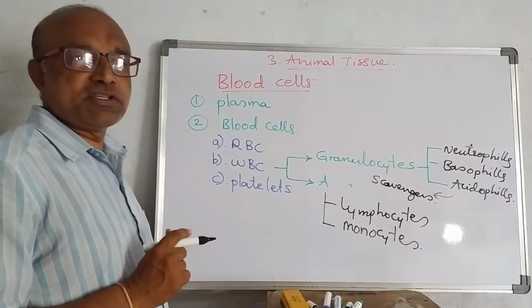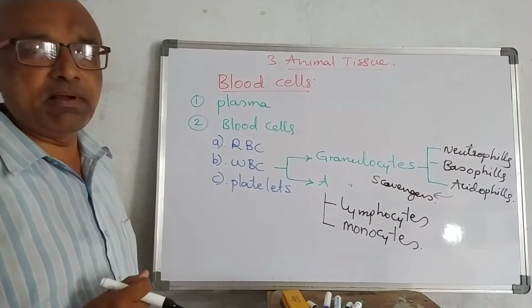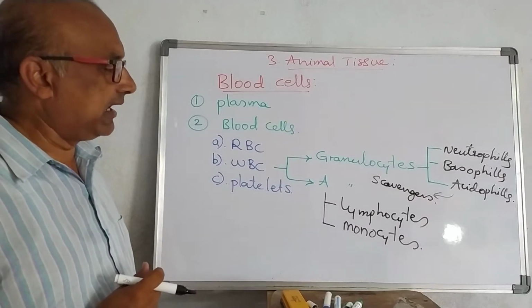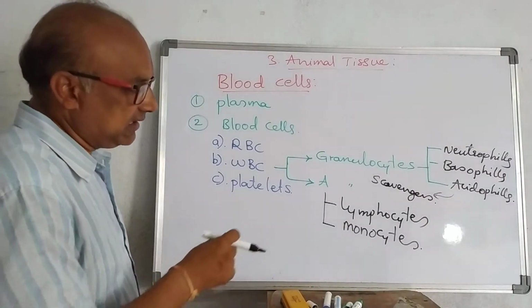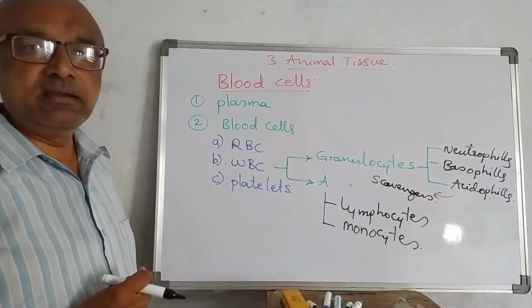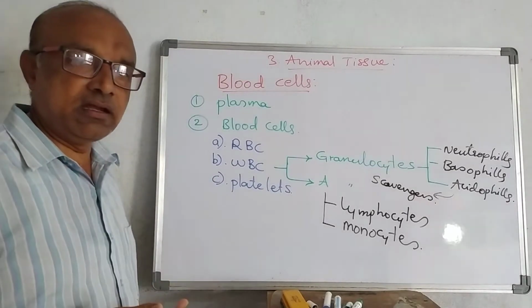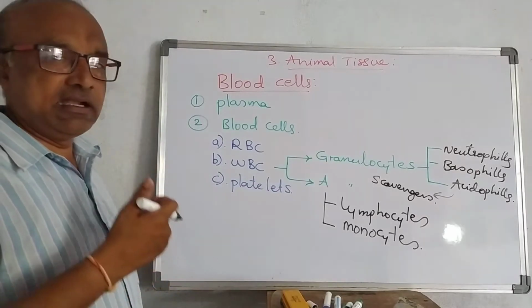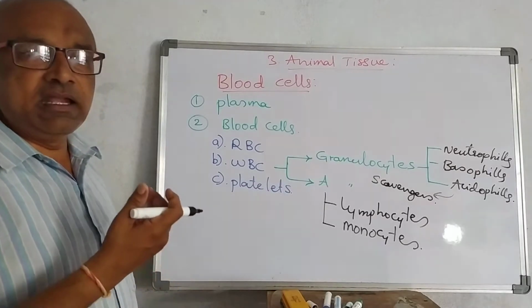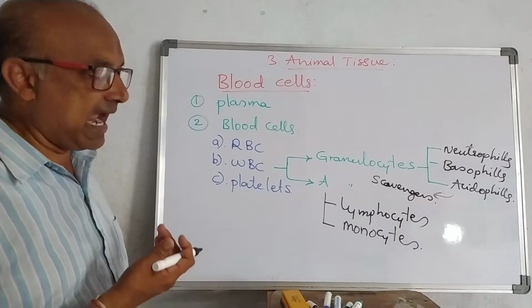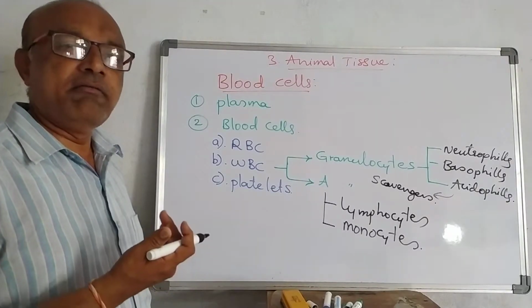Monocytes. Monocytes are a special type of agranulocytes which clear the dead cells, whether bacterial cells, any foreign harmful cell, any toxic material, or any particle formed due to antigen and antibody fighting.